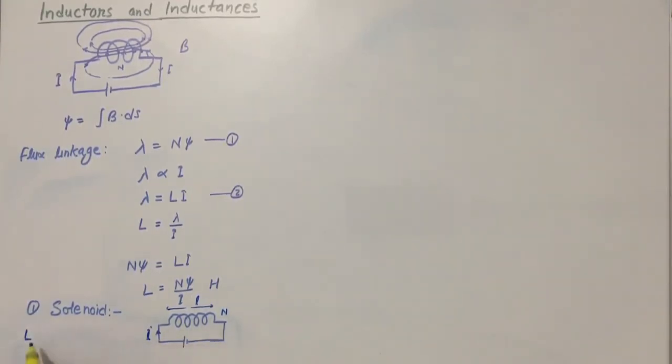And if we wish to find the inductance for the solenoid, that is possible by knowing the flux, because with the help of flux we can find the magnetic field density, which can help to find the magnetic field intensity, and finding H is very simple. So if we wish to find L, we should start from here.